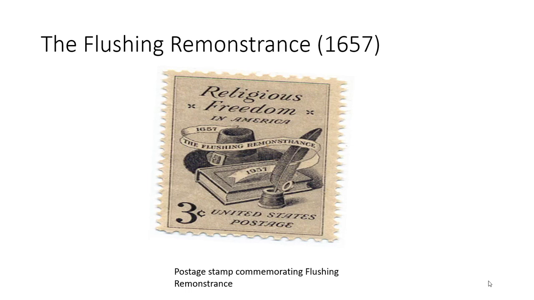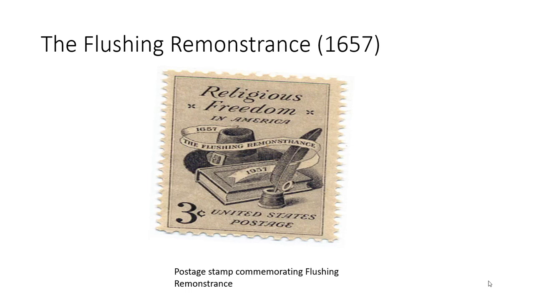The Flushing Remonstrance was a written demand by a number of important New Yorkers, fairly wealthy and powerful, to the governor of the colony, demanding that Quakers, a religious group that we're going to meet in this very lecture, get and deserved better treatment.